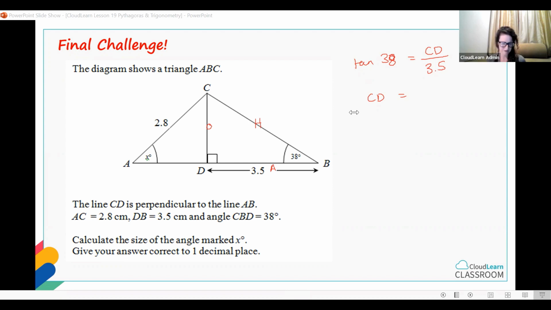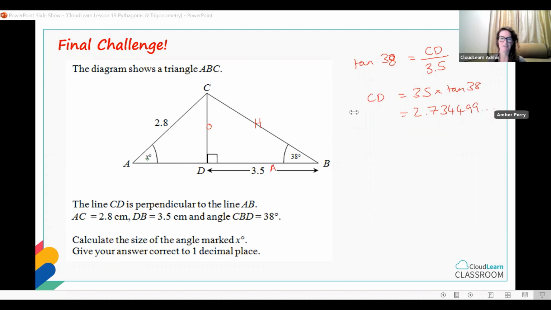Brilliant. 3.5 multiplied by tan 38. That's correct. And that will give you 2.73449, and so on. So CD is equal to that.